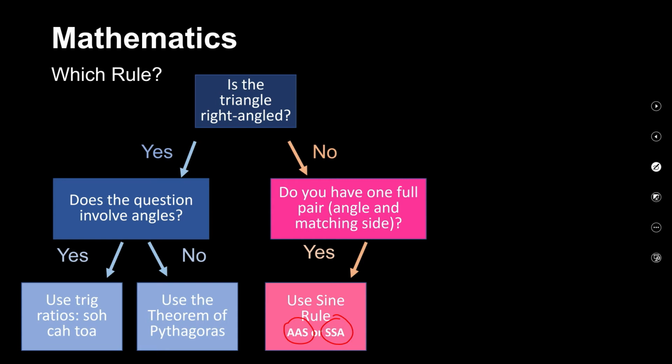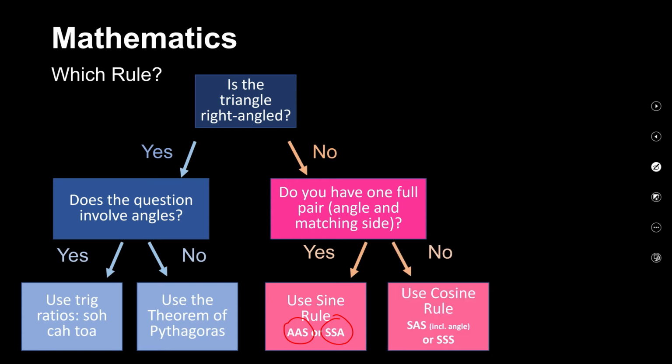Okay, but if we don't have one full pair of angles and sides, then we know we're probably going to be using the cosine rule. And the cosine rule, if you want another way to remember when to use it, we use it when we have side, angle, side, or when we have three sides and we want to find an angle. Remember here we're kind of looking for a V pattern. Okay, so let's begin with our first example.